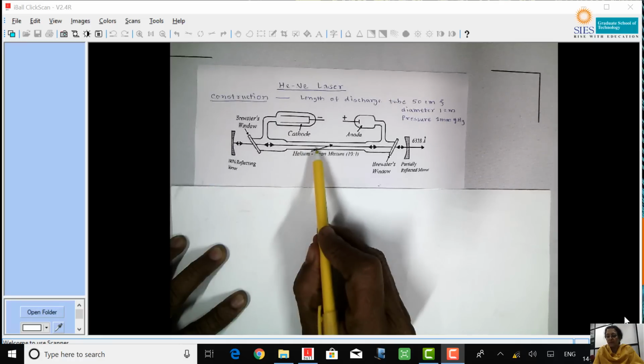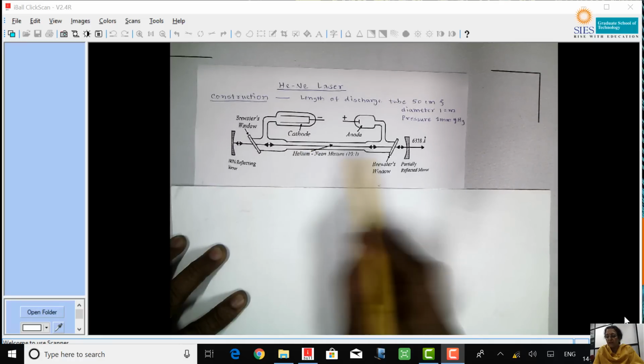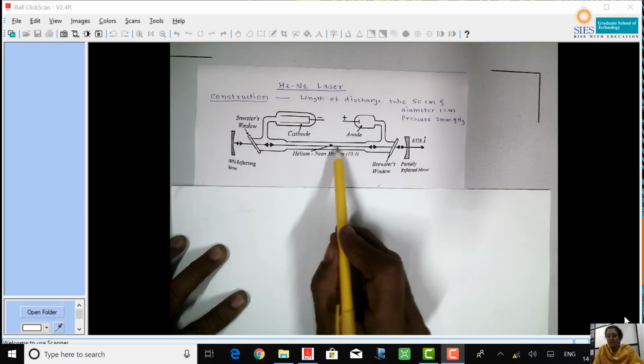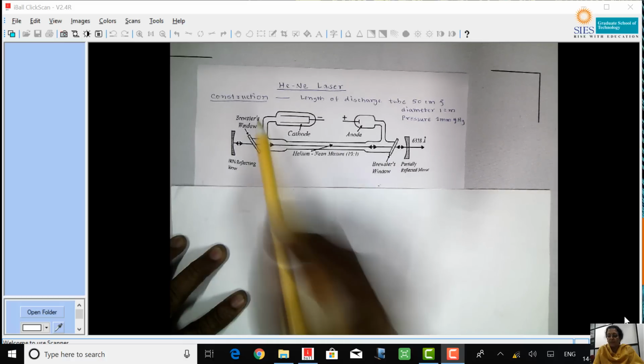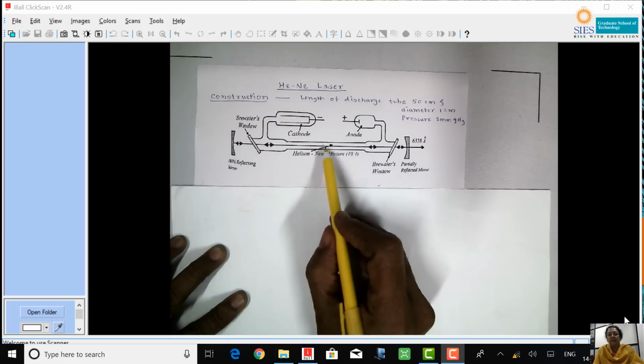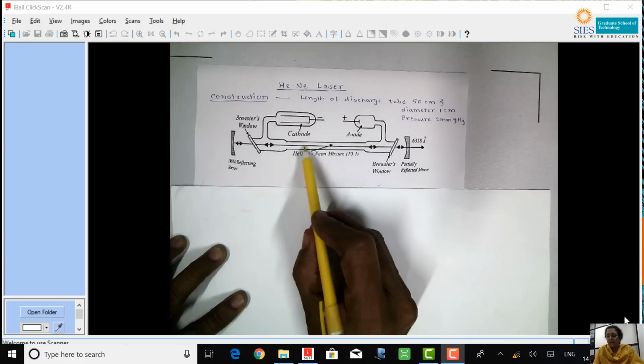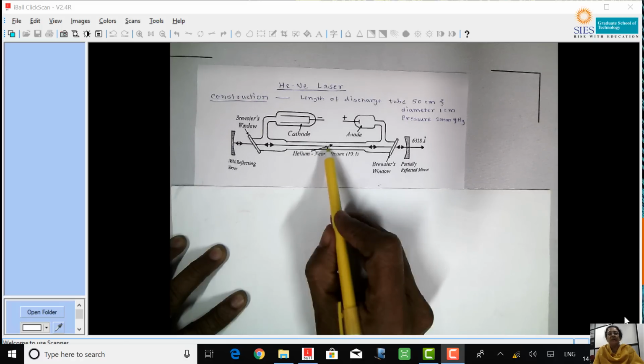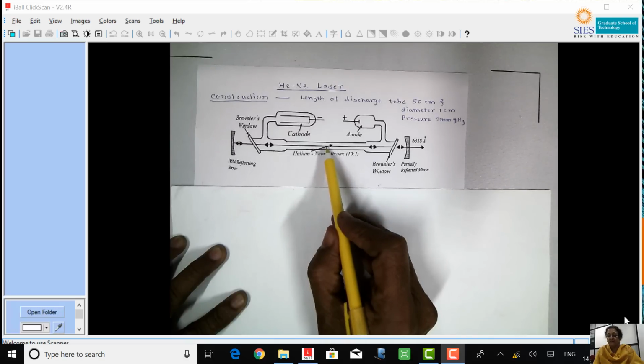Now these electrons will move towards anode and positive ions will move towards cathode. Electrons will gain energy from the applied electric field and they will pass on the energy to helium atoms. Helium atoms, being light in weight, get excited faster.